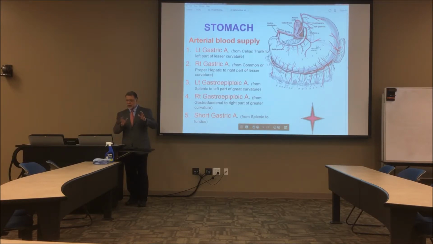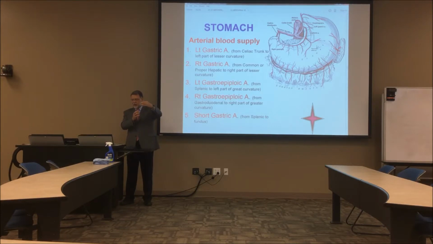So you can understand that the stomach is going to receive directly from the celiac trunk the left gastric artery, from the common hepatic the right gastric and right gastroepiploic, because the gastroduodenal is also giving you that, and the left gastroepiploic is coming from the splenic as well as the short gastric.